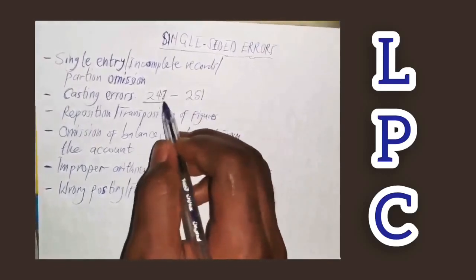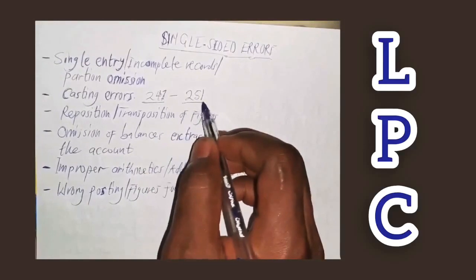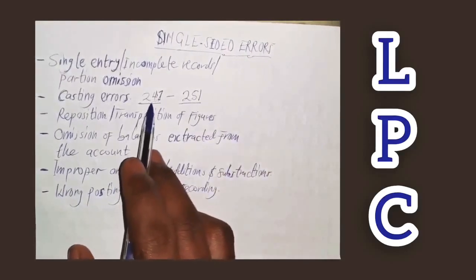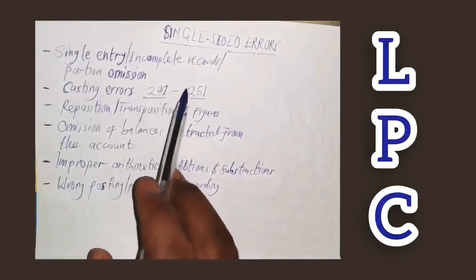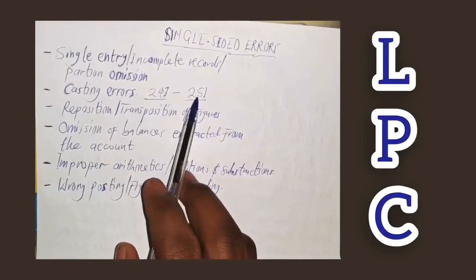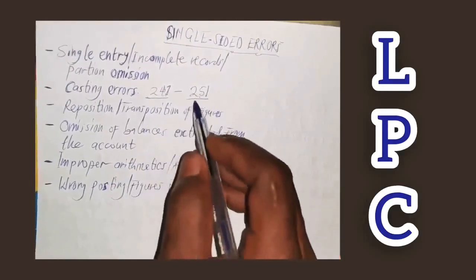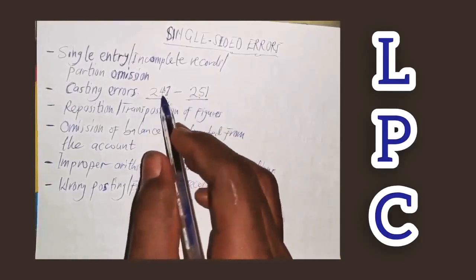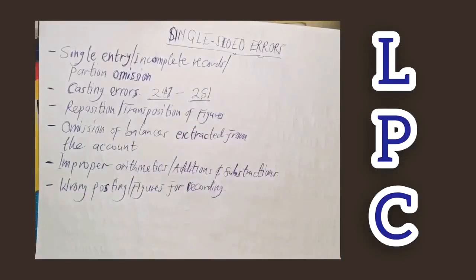Remember, 241 should have been in the books, but now we are having this. This is an error. You see the figure has been inflated from 241 to 251. I hope that is clear. Or it can be that the figure should have been 251, but we wrote 241, and that can also result in undercast. So anytime you hear of casting errors, we are thinking of overcast and undercast.